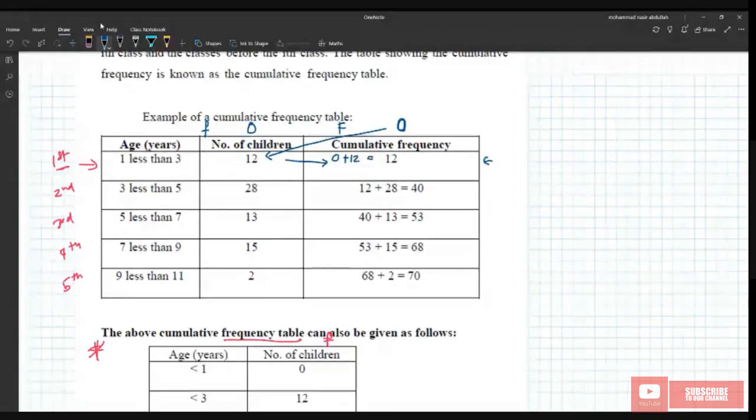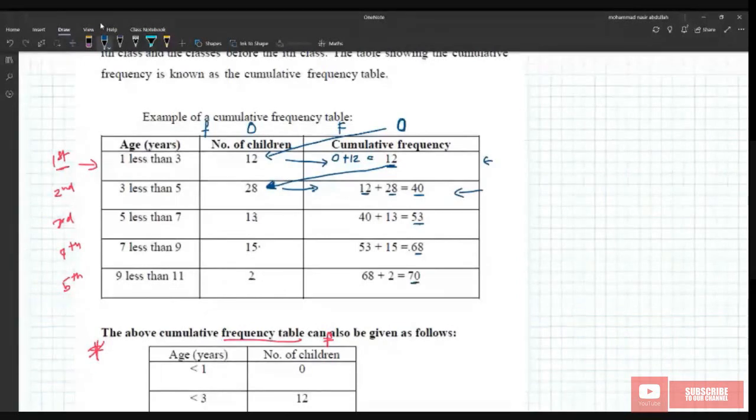Right? The cumulative frequency of the second class is equal to the cumulative frequency before the second class plus the frequency of the second class, which is 12 plus 28 equal to 40. Basically, 40 plus 13 equal to 53. 53 plus 15 equal to 68. 68 plus 2 equal to 70.